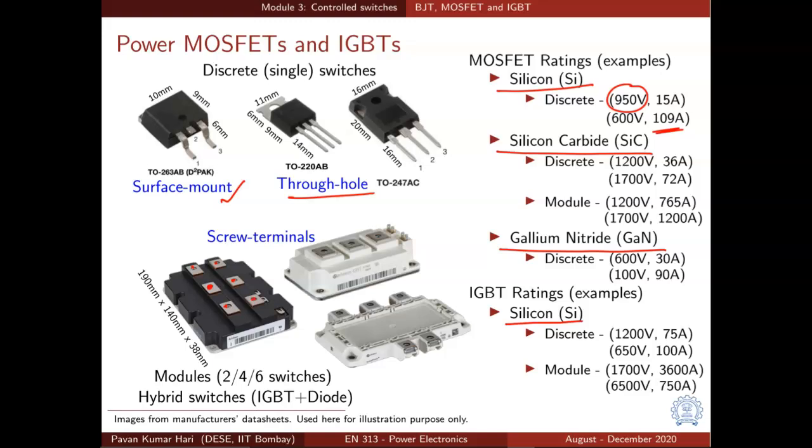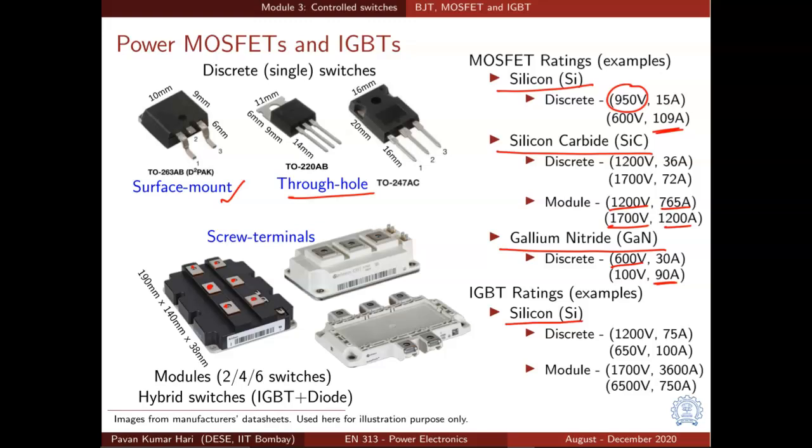Whereas if you go for a silicon carbide MOSFET, you can have devices which can block higher voltages and higher currents. Again, gallium nitride MOSFETs right now are available at relatively low voltages, about a few hundreds of volts, and up to a few tens of amperes of current. But more advancements are happening, and we expect to see GaN devices of much larger voltage ratings in future.